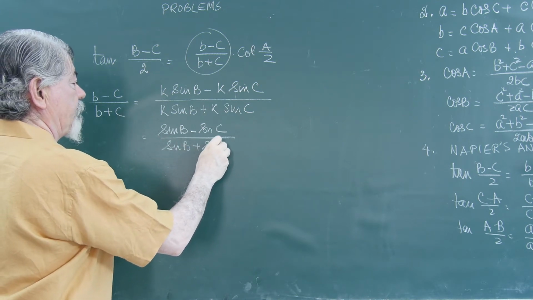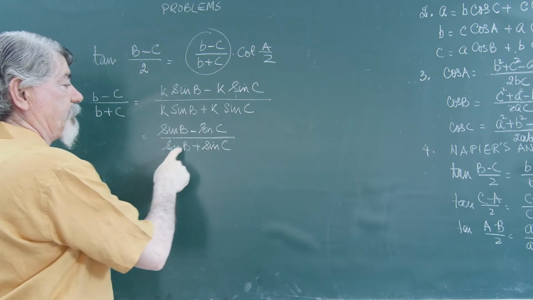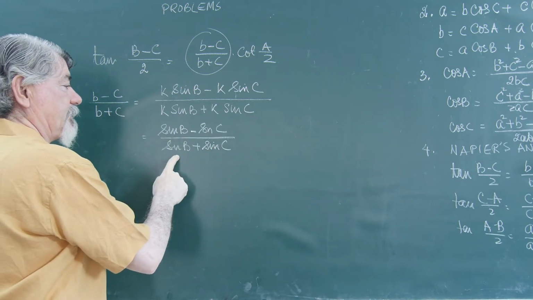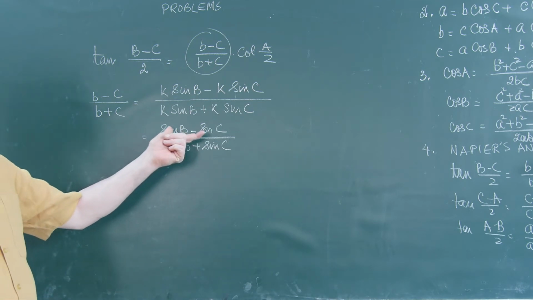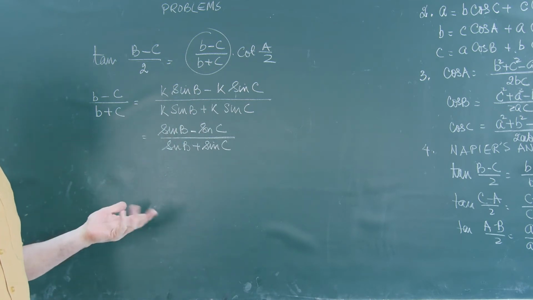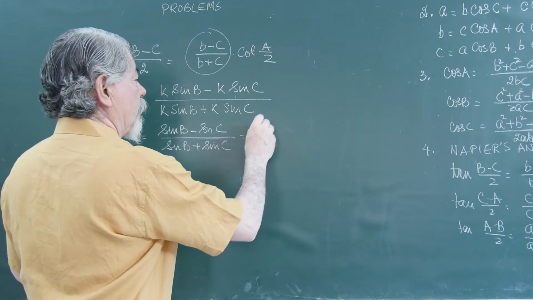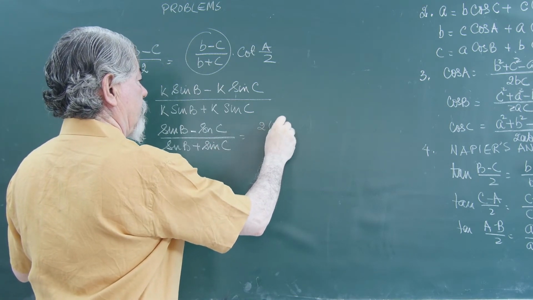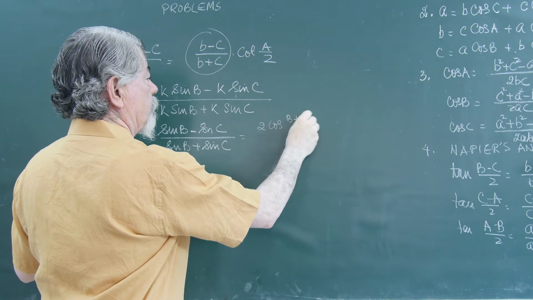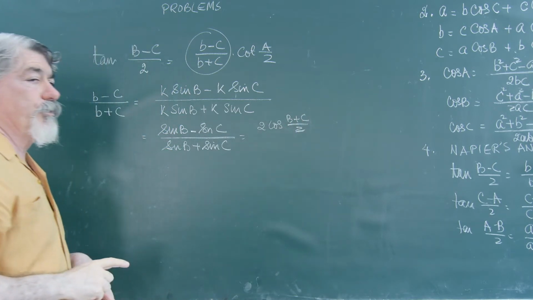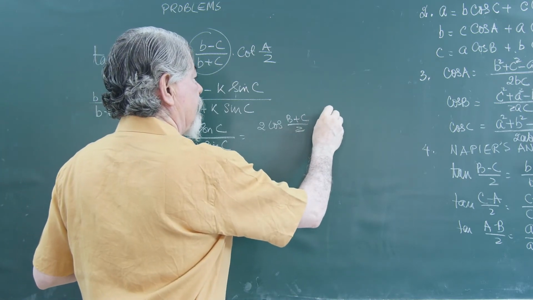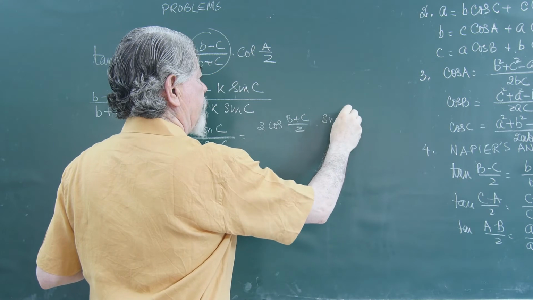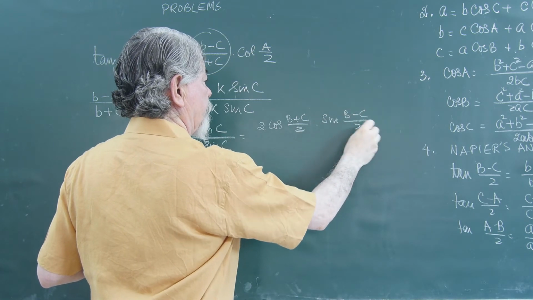This seems to be familiar to us. Sine C minus sine D, sine C plus sine D. Instead of C and D, I have B and C. The formula remains the same. If it was sine C minus sine D, then it was 2 cos((C plus D) upon 2) and sine((C minus D) upon 2).